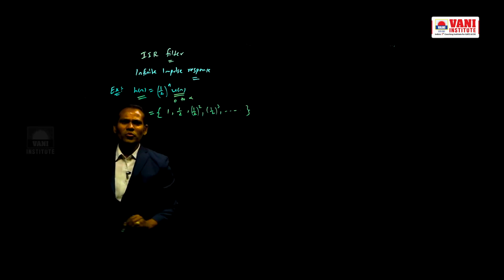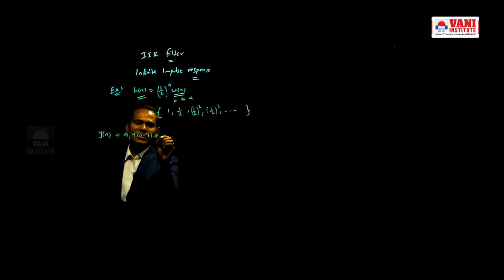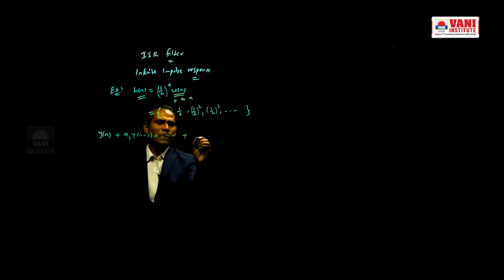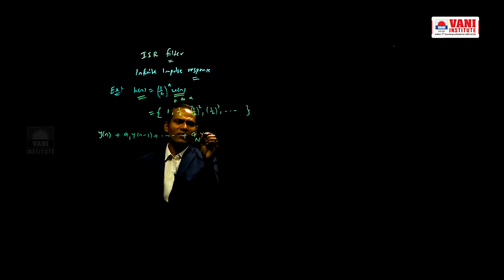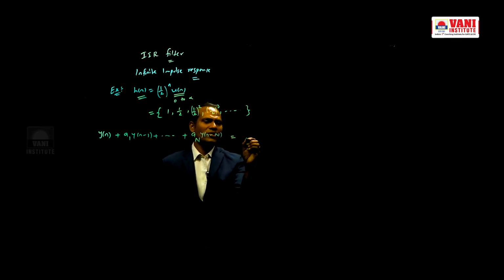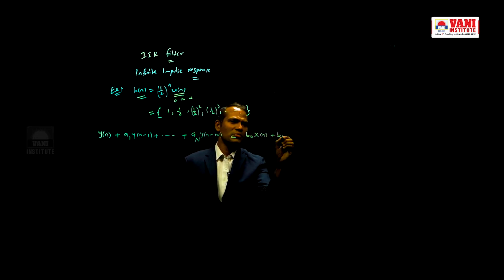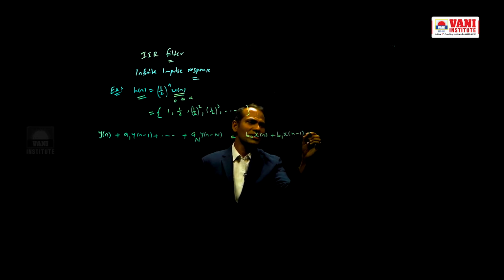Here the input output relation of an IIR filter is like this: y of n plus a1 y of n minus 1 and so on up to an y of n minus n, which will be equal to b0 into x of n plus b1 x of n minus 1.